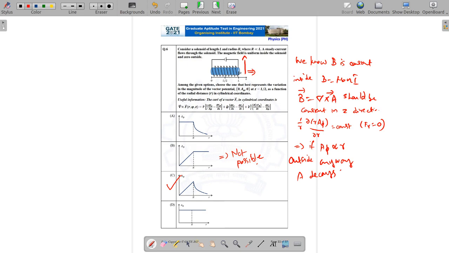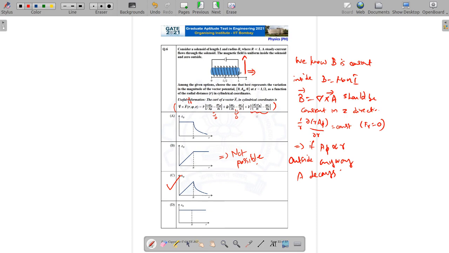Now they have given this form for curl F, so using that, actually we know that inside, since the magnetic field is only in z direction, only this will survive here, right? So this will be 0 if you put A instead of F. And then this will be magnetic field B, this will be 0, because there is no radial and phi components, so only z direction is there.